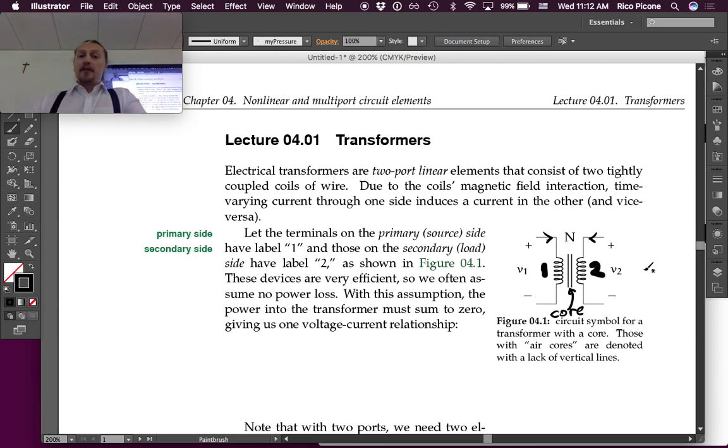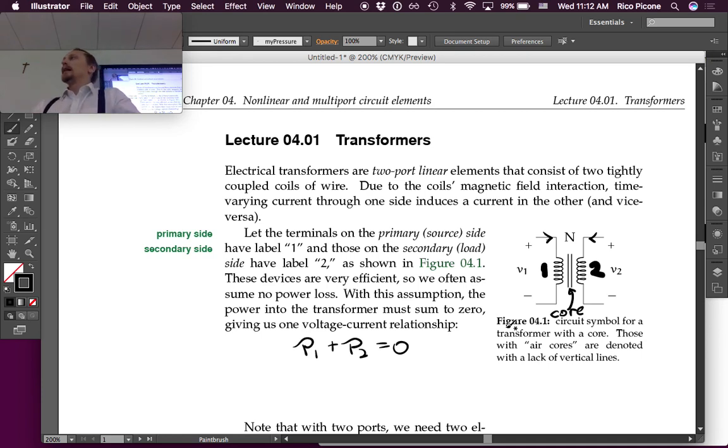They're very efficient, so we often assume that there's no power loss. With this assumption, the power into the transformer must sum to 0, giving us one voltage-current relationship. So the power going in port 1 plus the power going in port 2 must equal 0, right?